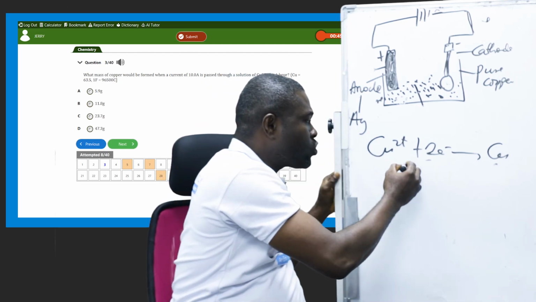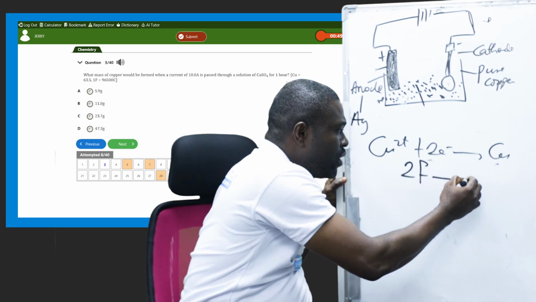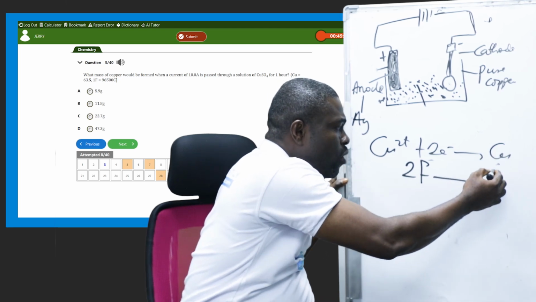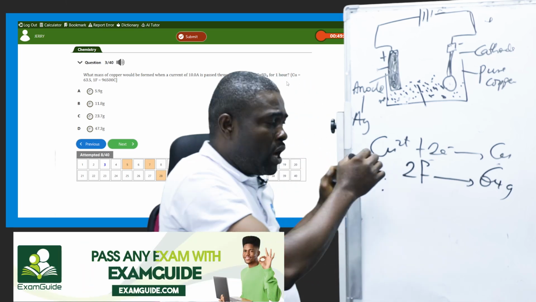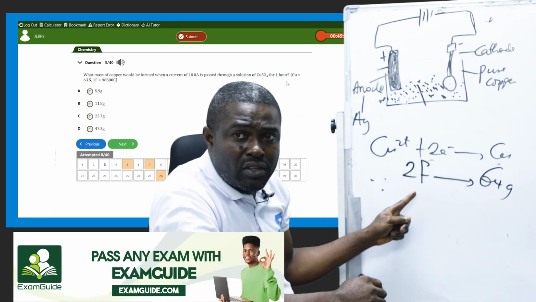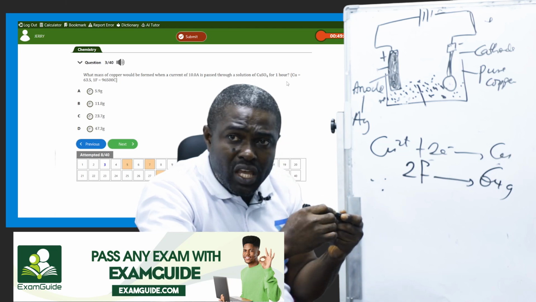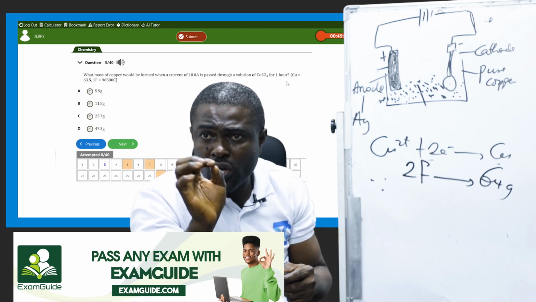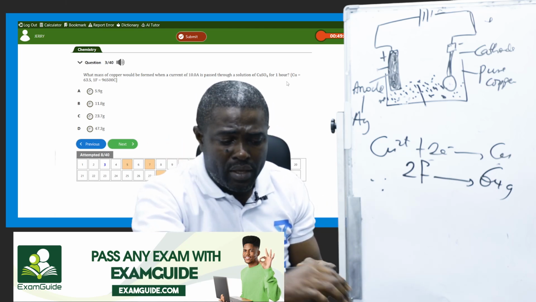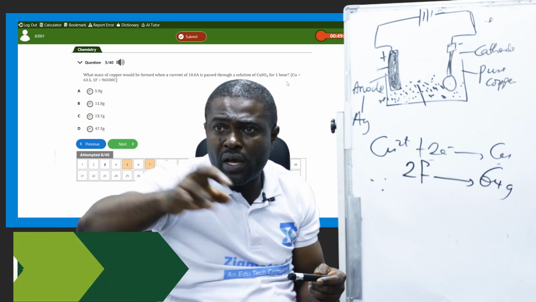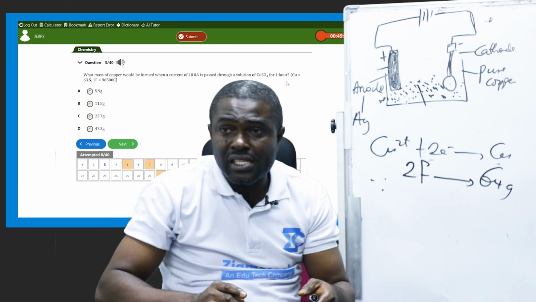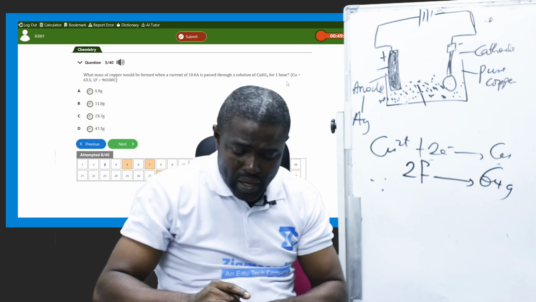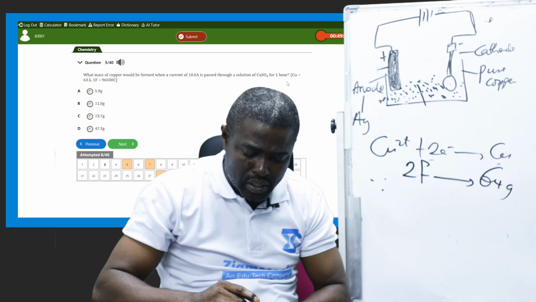So I still have 2 Faraday giving me 1 mole of copper, and 1 mole of copper is 64 grams. Quantity of electricity is not given here. Instead, current and time are given. The time is 1 hour, which is 60 minutes. So I'm going to convert the 60 minutes to seconds, so I will have 60 times 60.